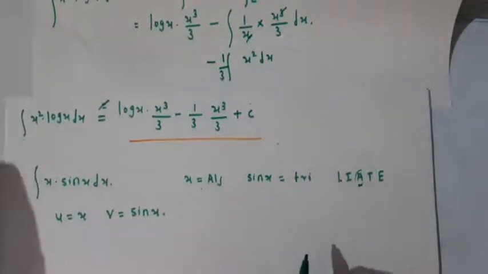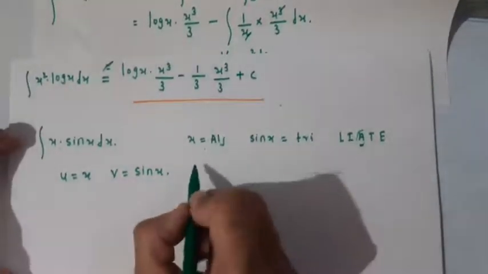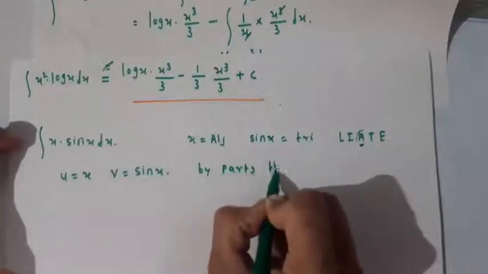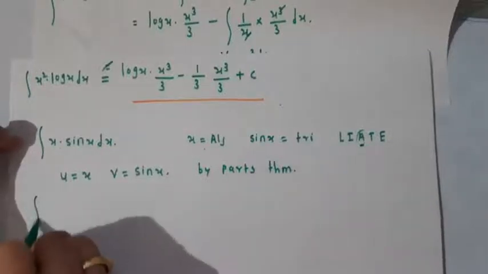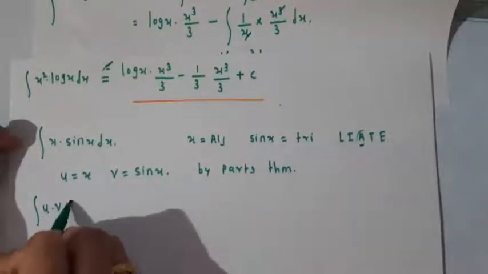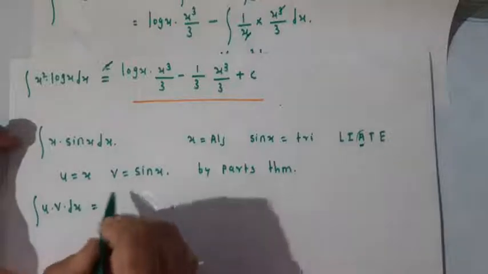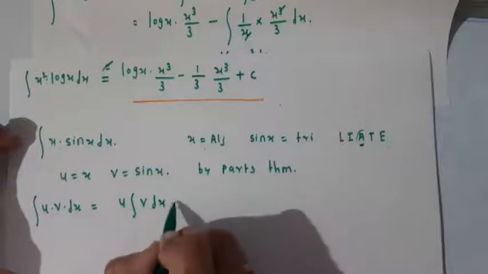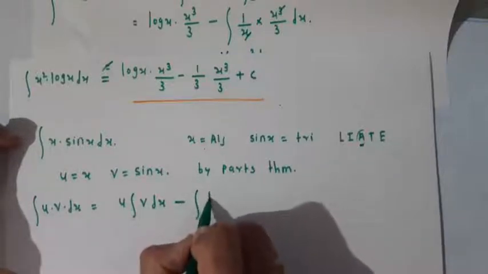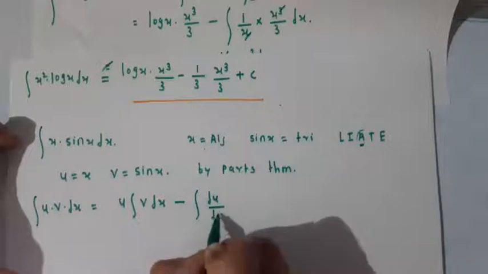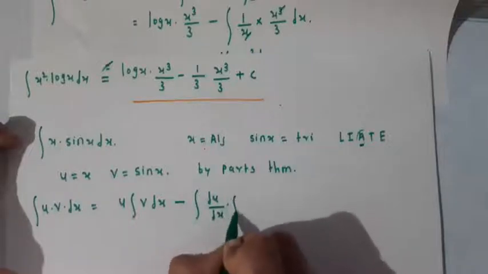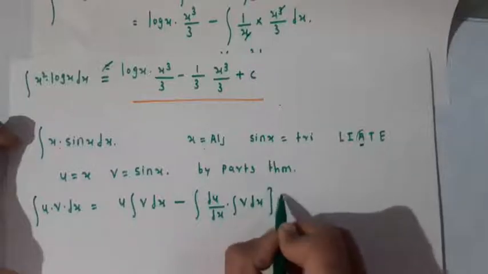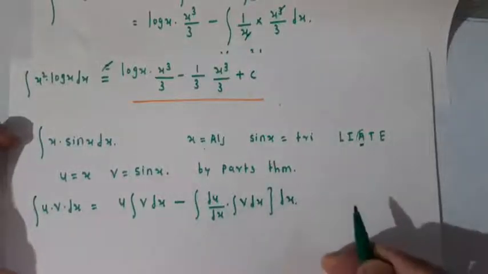And according to the by-parts theorem we can integrate: integration of u into v with respect to x equals u times integration of v with respect to x minus integration of differentiation of u with respect to x into integration of v with respect to x, and whole integration with respect to x.